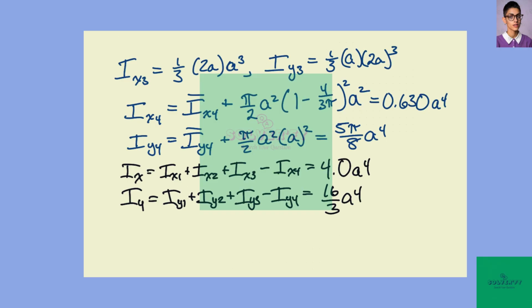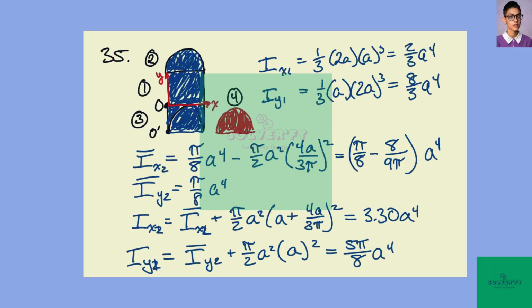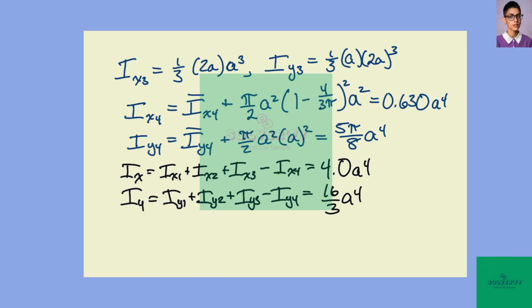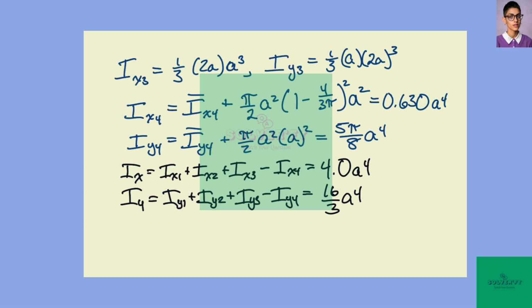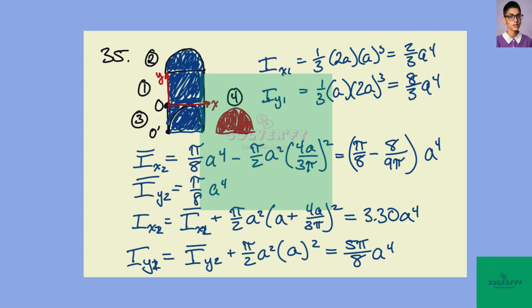And now we need to get this red area here. Again, we know the area moment about this point for the x and y axes from the book, and we can also figure out the value about the centroid using this formula.